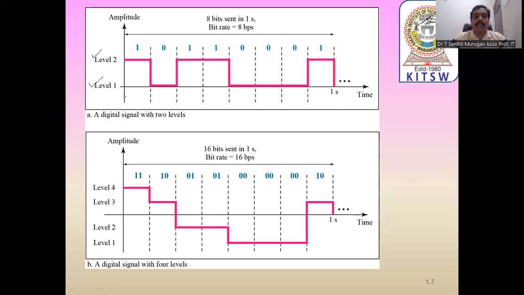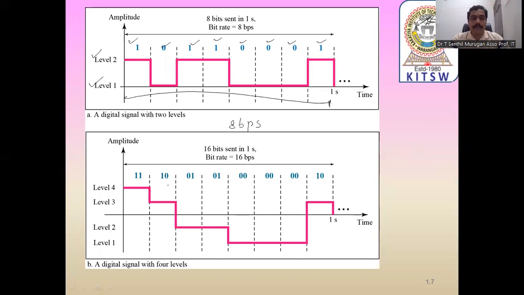In this timeline, we start from 0 up to this point, 1 second. Per second, how many bits are transmitted? 1, 2, 3, 4, 5, 6, 7, 8. So 8 bits per second. That is the bit rate.